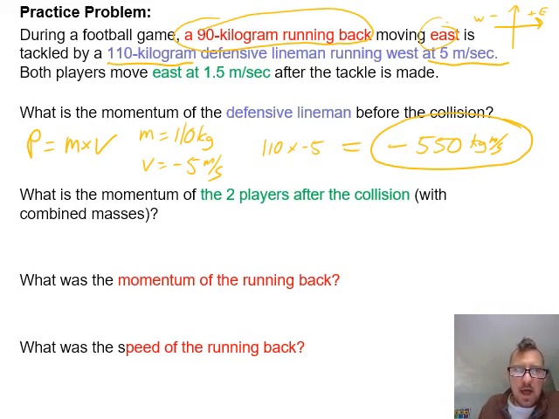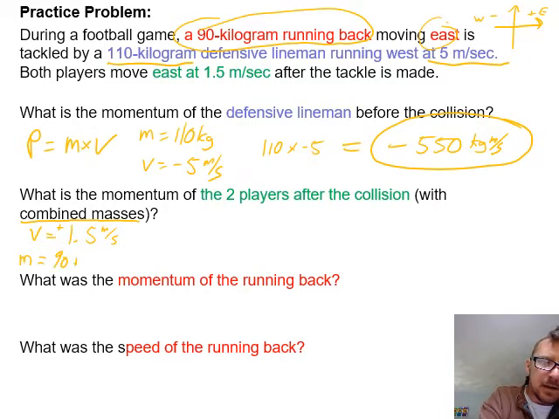So what's the momentum of the two players after the collision? This type of thing you do have to read a little bit, because you have to say, okay, after the collision in green, it is going east at 1.5. So the velocity is 1.5 meters per second in the positive direction. I give you this nice hint about combined masses. The combined masses are going to be 90 and 110, which by my math is 200 kilograms.